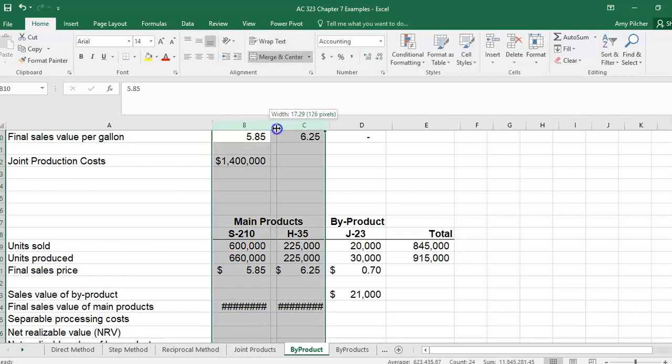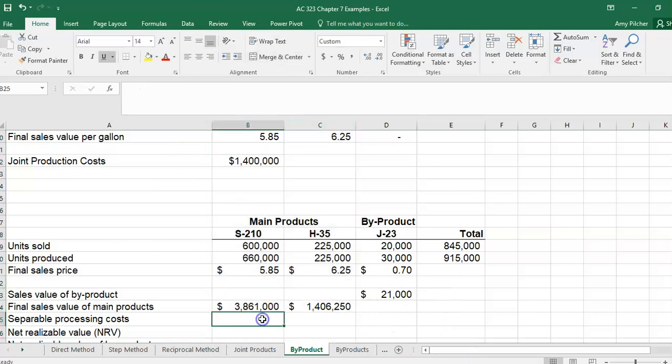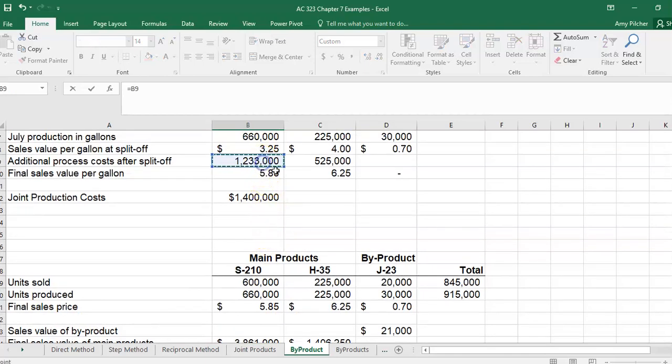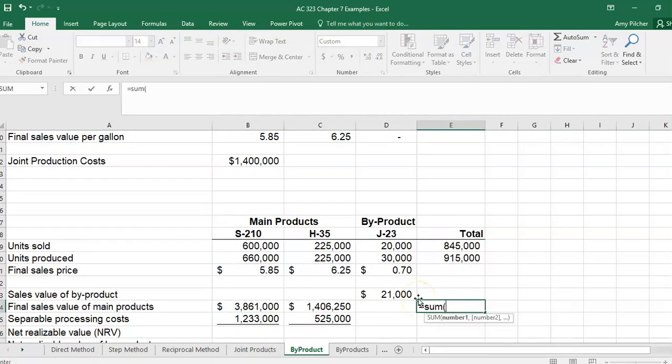Make those columns bigger to see the final amounts. And our separable processing costs from up here. Total amounts.